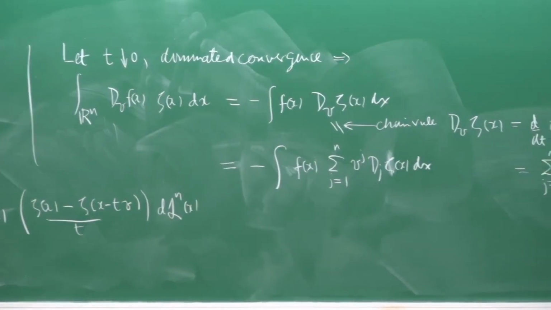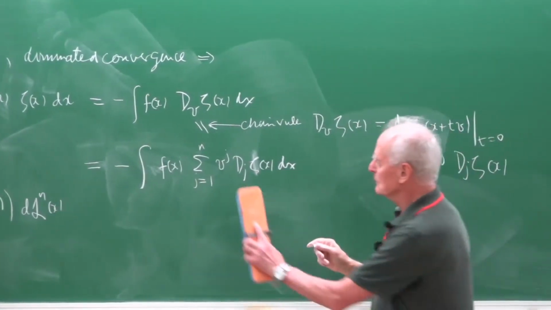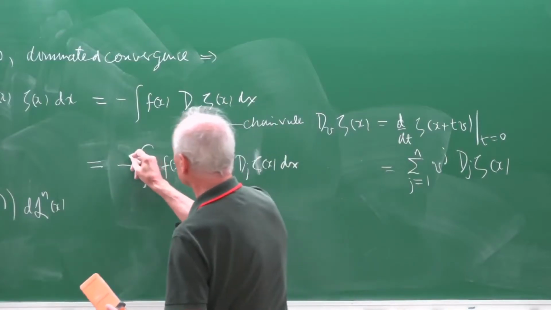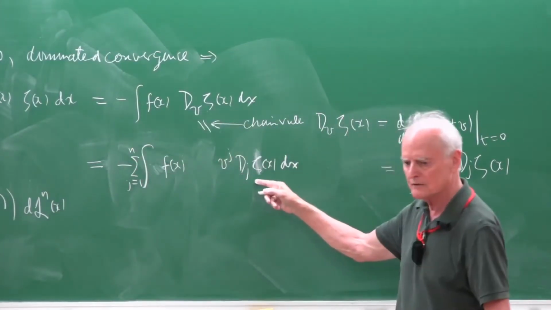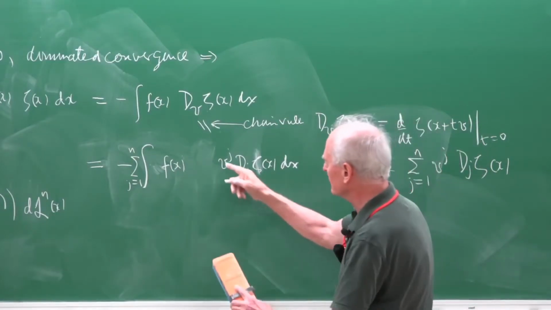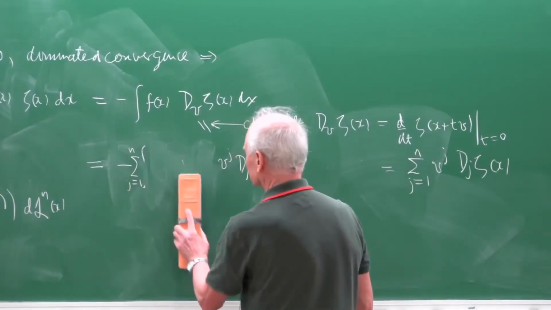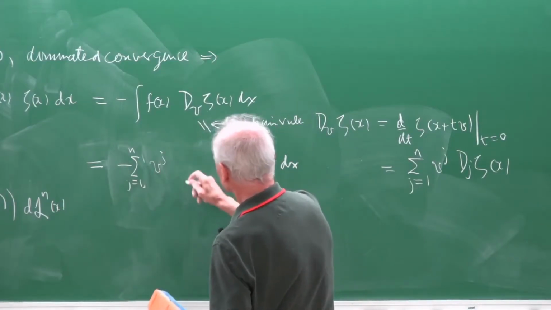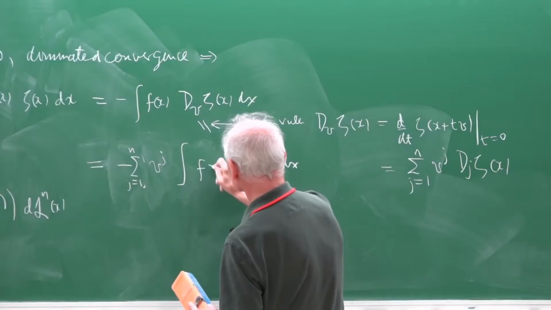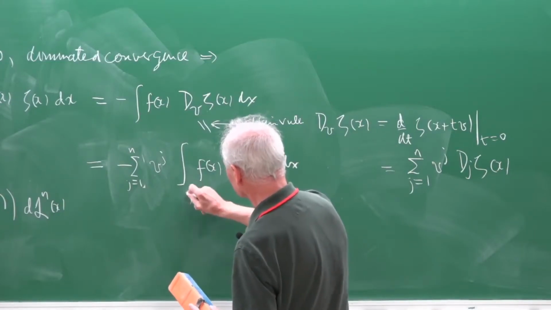Now we can use Fubini again, writing the sum outside and integrating first with respect to the jth variable. While we're at it, let's take the vj outside too. I guess I should have left it there in the first place. So vj times the integral of fx times that over Rn.